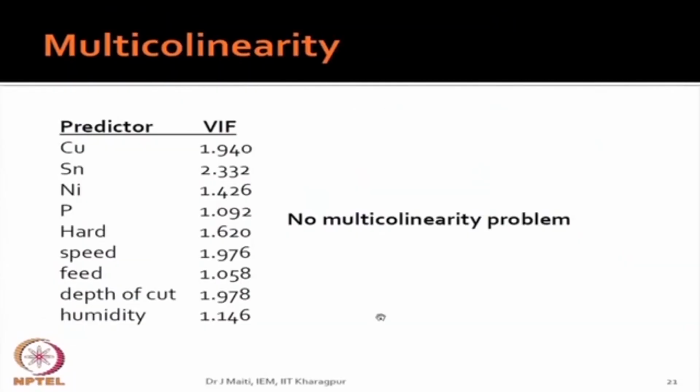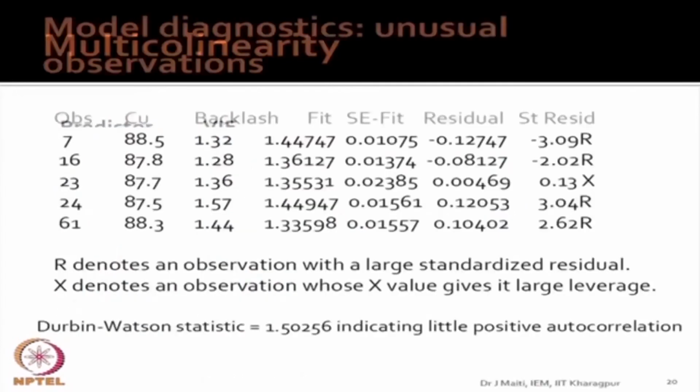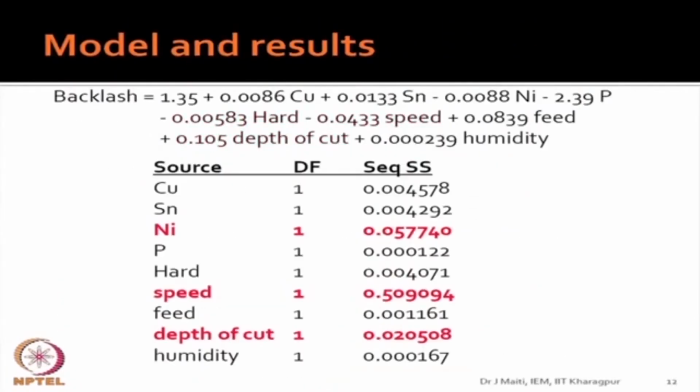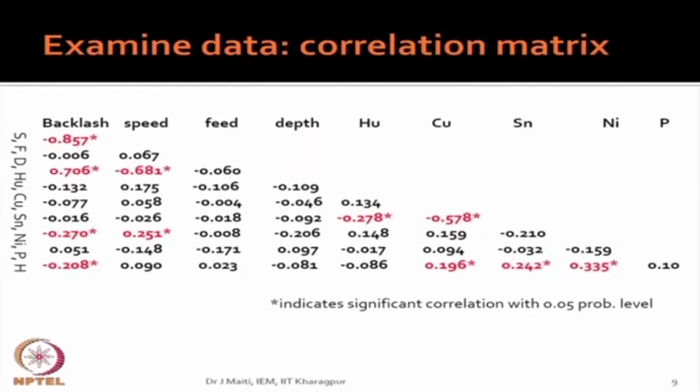Next issue is multicollinearity. You have to test it. Your things are fine, you are happy with 80% variability, but whether there is multicollinearity, because if you go back to your correlation matrix, you have seen that some of the independent variables have a high significant correlation coefficient, particularly speed versus depth.